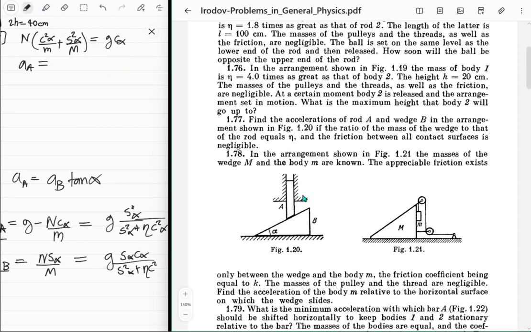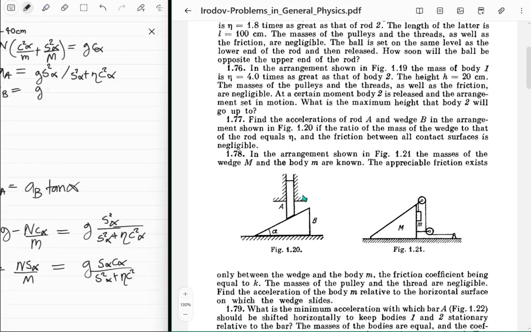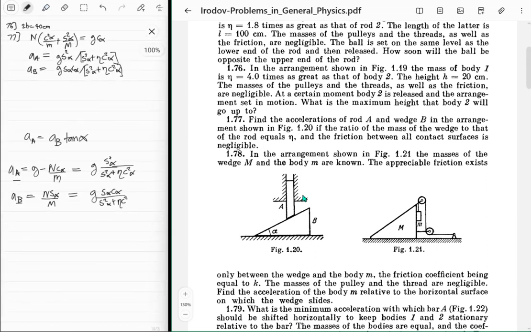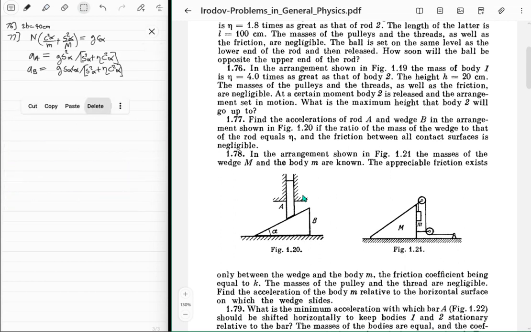So extension of A is g sine squared alpha upon sine squared alpha plus eta cosine squared alpha, and extension of B is g sine alpha cosine alpha upon sine squared alpha plus eta cosine squared alpha. Cool. Next. 77 done, 78.